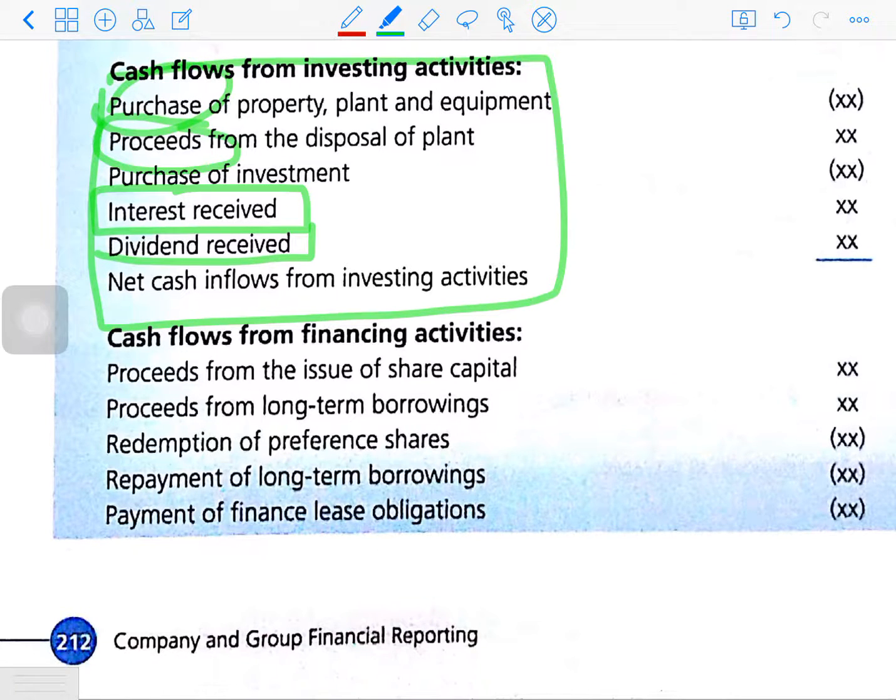And then you have payment of finance lease obligation. Finance lease is one of the financing activities. Finance lease obligation is normally a long-term financing, which is more than 12 months. This is the amount due, payment of the amount due for less than 12 months of financing activities.